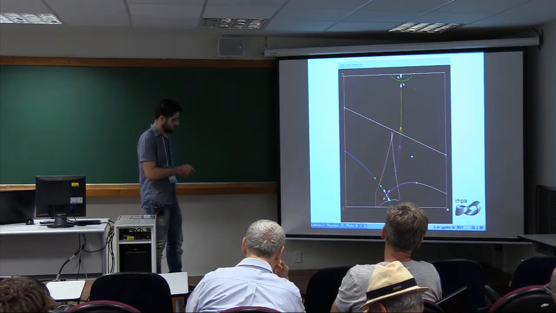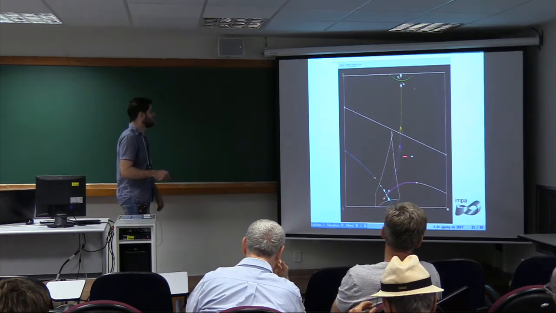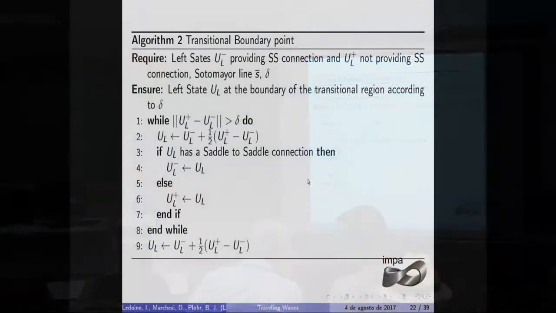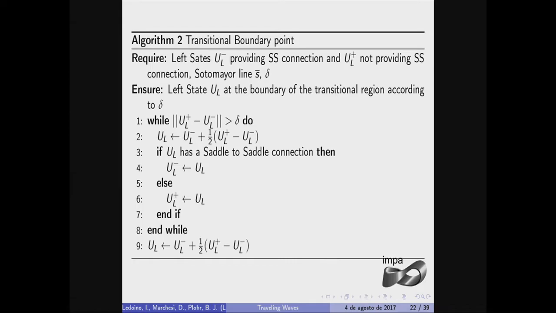So we want to find the boundary, and one very simple algorithm is: you have a point for which you have a saddle-to-saddle connection, and you have another point for which you don't have a saddle-to-saddle connection. You make a segment connecting those 2 points, and now you do a binary search to find the boundary point, the limit of saddle-to-saddle points.